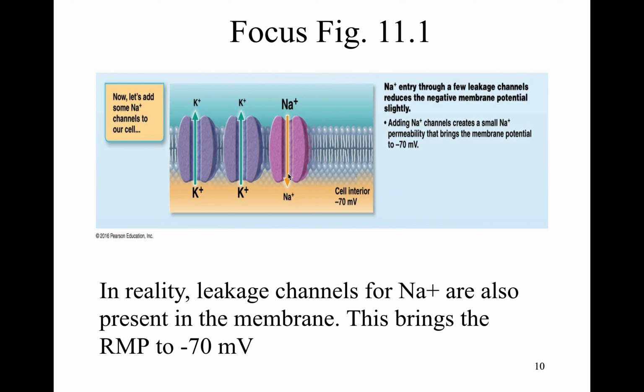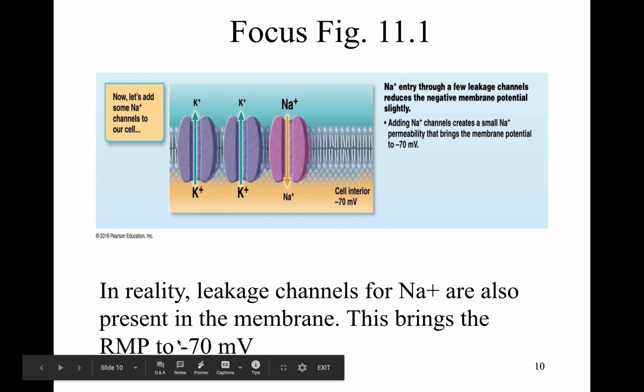These sodium leakage channels are going to allow for sodium to leave the extracellular fluid and enter the cell. So they're going to leak into our cells. As sodium is leaking into our cells, that's going to bring our resting membrane potential down to about negative 70 millivolts. Or I guess back up, I guess you could say, to negative 70 millivolts.